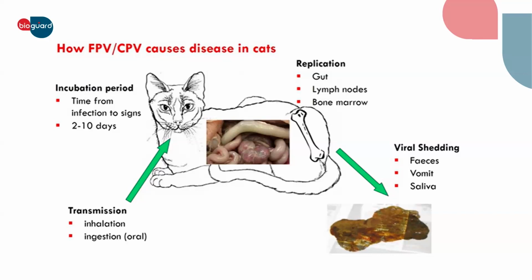Similarly, if a dog is infected with CPV, this may also happen, and there will be viremia in the sick cats.